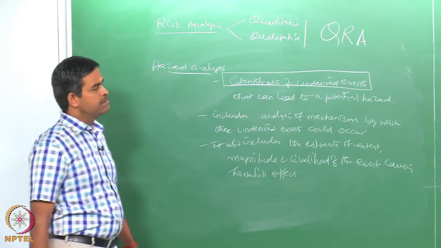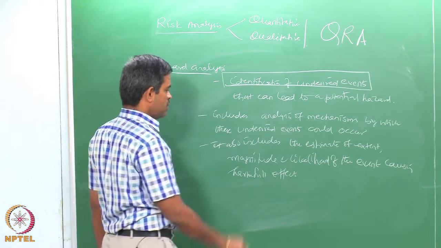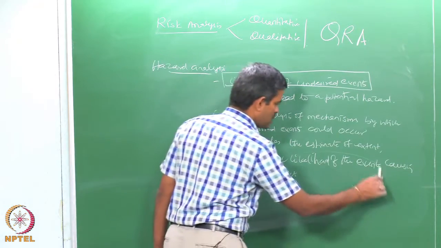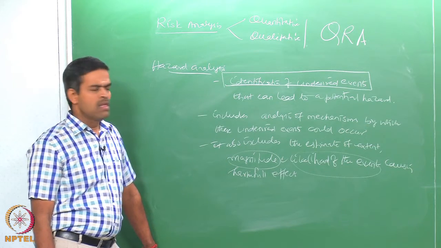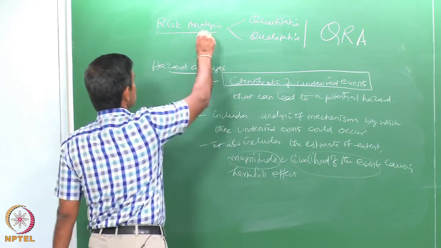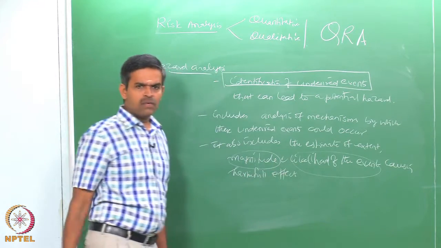The confusion is, hazard analysis also talks about estimation of magnitude, likelihood, that is frequency, which is causing the potential damage. Risk analysis also talks about magnitude and frequency. Then what is the difference?